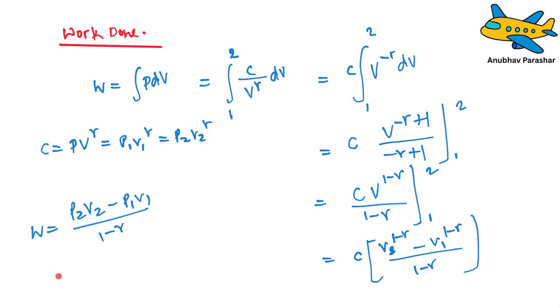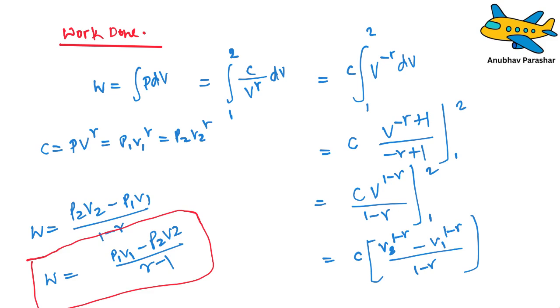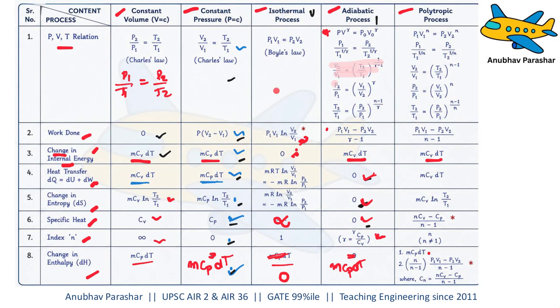If you multiply by minus sign up and down, it becomes (P1 V1 minus P2 V2) divided by gamma minus 1. And this is the same equation that we are seeing here: P1 V1 minus P2 V2 by gamma minus 1.